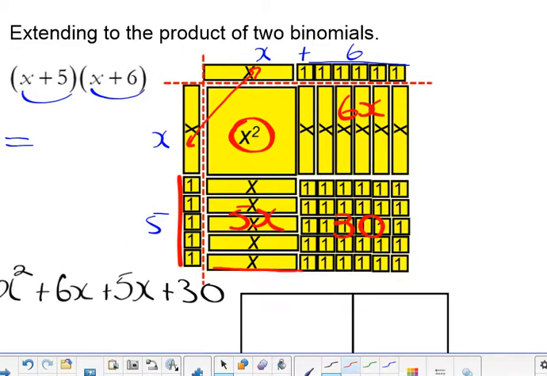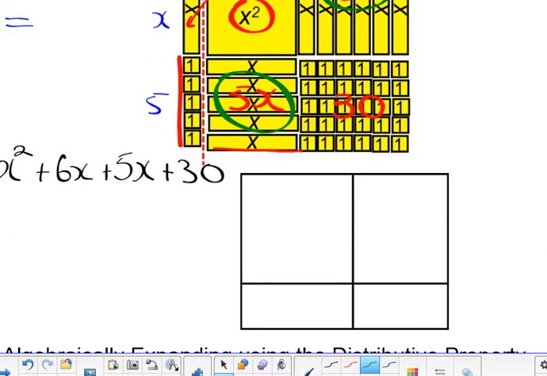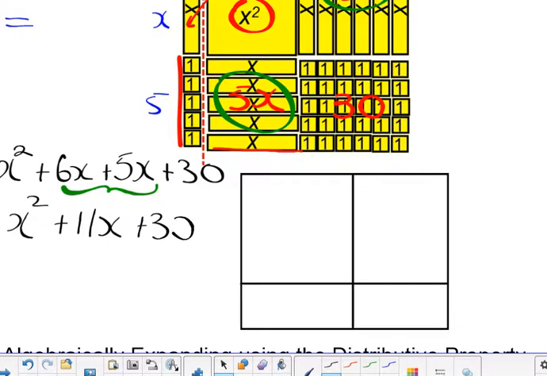Now, this is interesting because the 5x's and the 6x's are the same type of rectangle, aren't they? So in algebra, we say that they're the same type of term, or they're like terms. So we could tidy that up a little bit and write it as x squared, and then we've got 6 plus 5, which is 11x, and then we've got the plus 30.